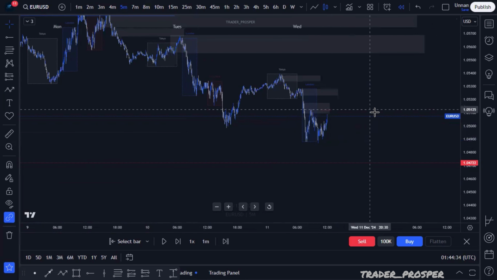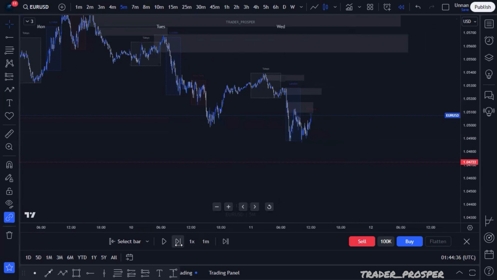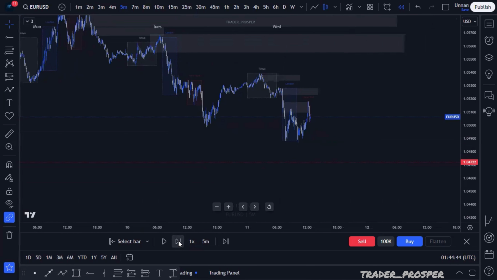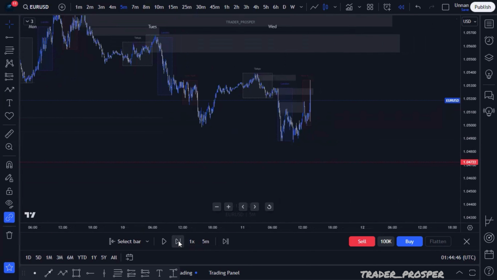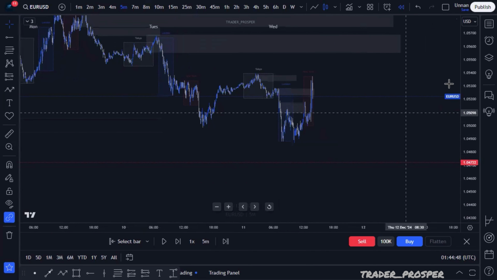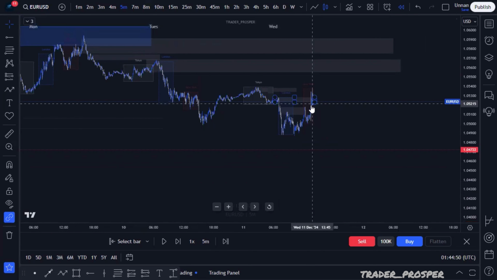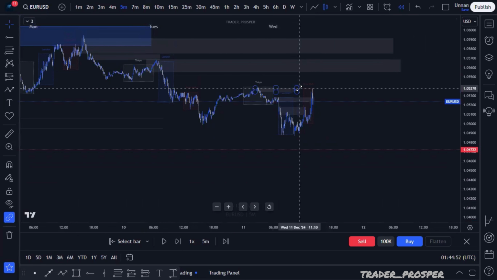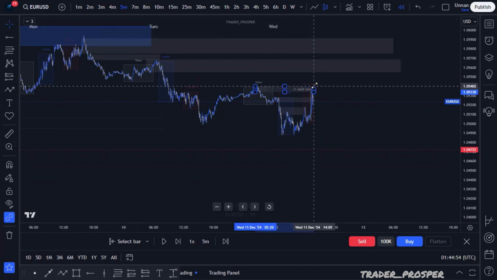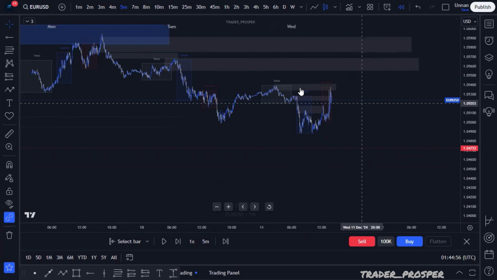And let's see what happens during the New York session. Okay, I think there was news. Okay, this was just a spike, and I think it kind of mitigated this higher supply here from the lower time frame.